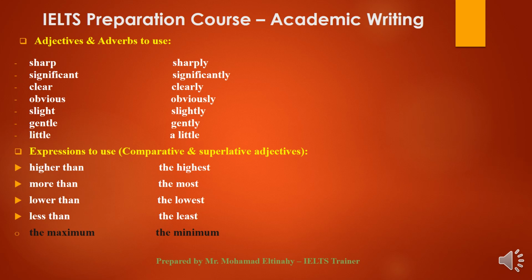Moving on to some other expressions that we can use, which are comparative and superlative adjectives. The left-hand column represents comparative adjectives, whereas the right-hand column represents superlative adjectives. Let's start.